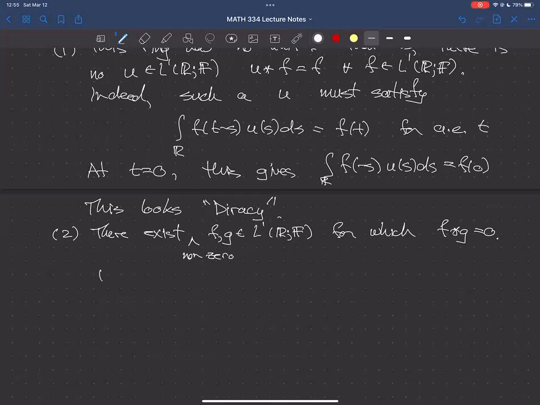All right, so this means that L1 of R as a ring is not what's called an integral domain.